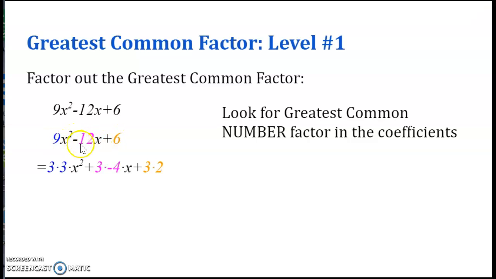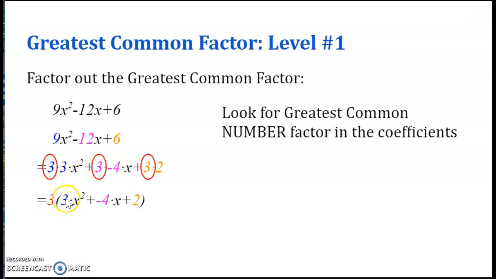What is the common factor to 9 and 12 and 6? Okay, so we can see that 3 and 3 and 3. 3 is common to all three terms, right? The blue term, pink term, and the orange term. 3 is common to all. So we can take that out outside the parenthesis and write down what is remaining.